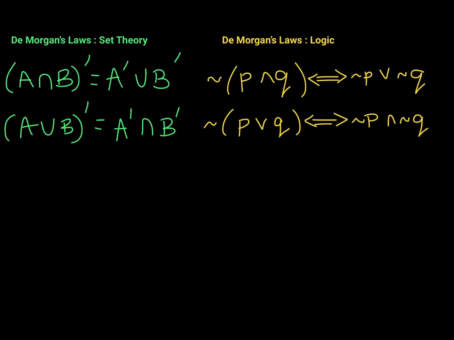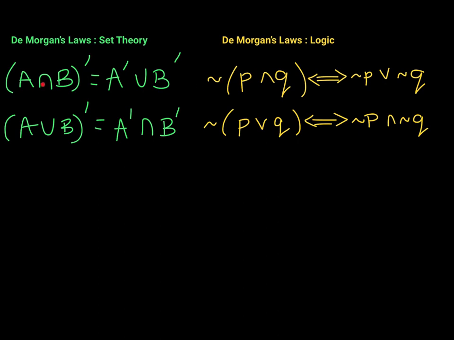I kind of wanted to draw these similarities between set theory and logic when it comes to De Morgan's laws. We saw De Morgan's laws first when we were discussing set theory, and now we're using De Morgan's laws as they pertain to logic. But it's very similar. The complement can be compared to the negation.